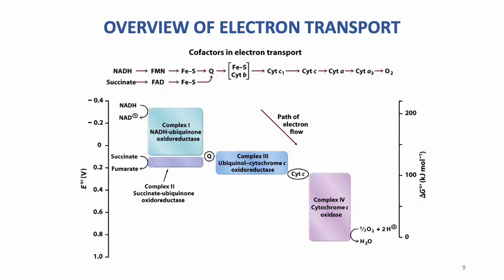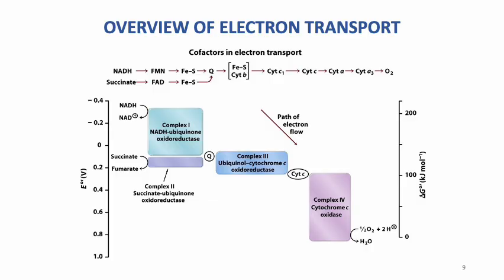Now, complex 3 again has a series of electron carriers that will carry the electrons from QH2 and send them to complex 4 via cytochrome C. In other words, cytochrome C shuttles the electrons between complex 3 and complex 4. Now, complex 4 has several electron carriers, and the electrons from there will go to reduce oxygen to water. Oxygen is the terminal acceptor of these electrons.